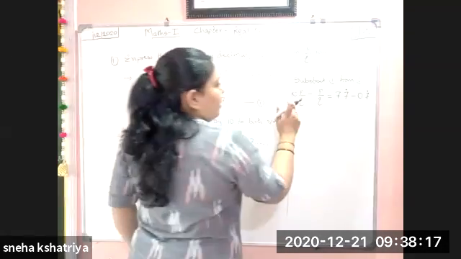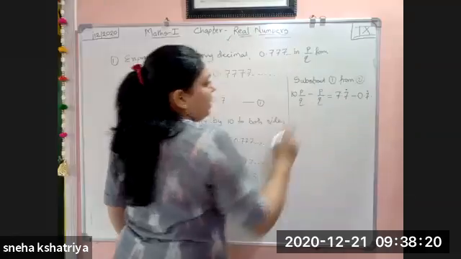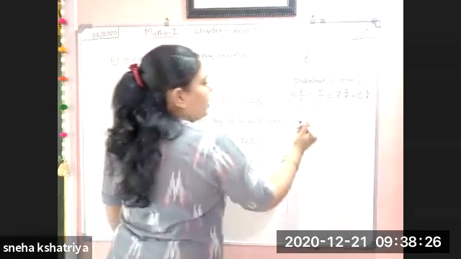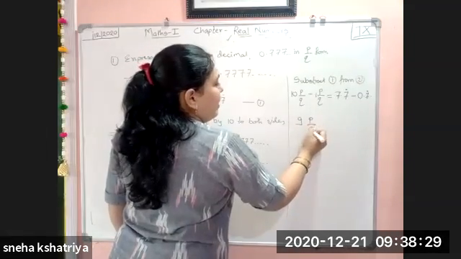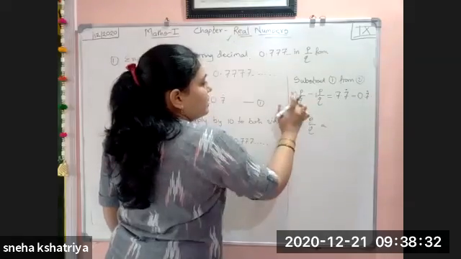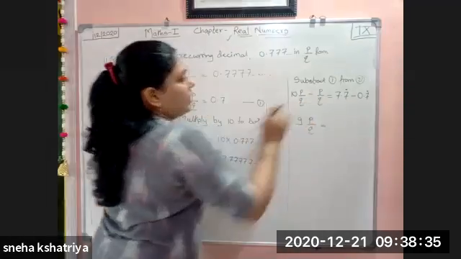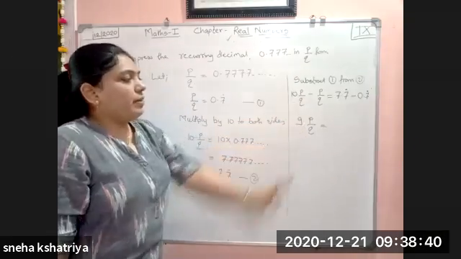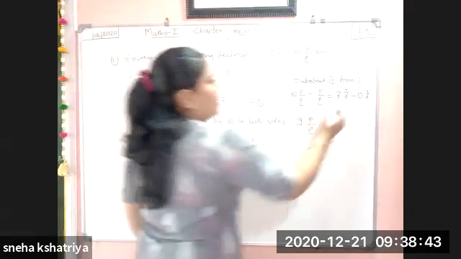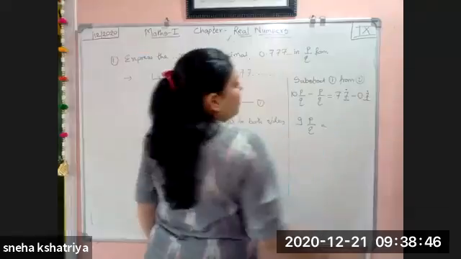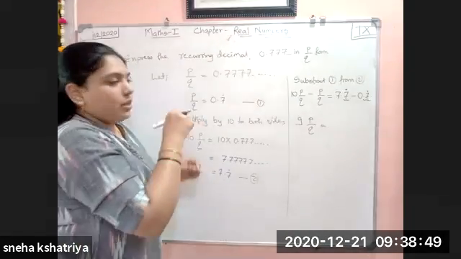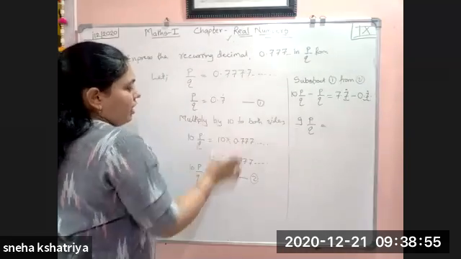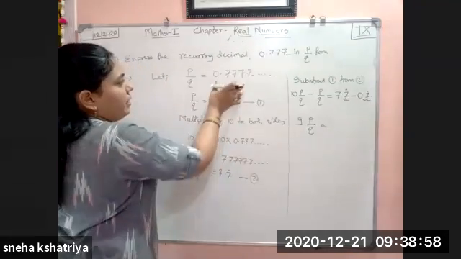See here, 10 P by Q minus P by Q, 10 minus 1. If nothing is present there, it means 1 is there. So 10 minus 1 is simply 9 P by Q, which is equal to, see here, 7.7777 minus 0.77.